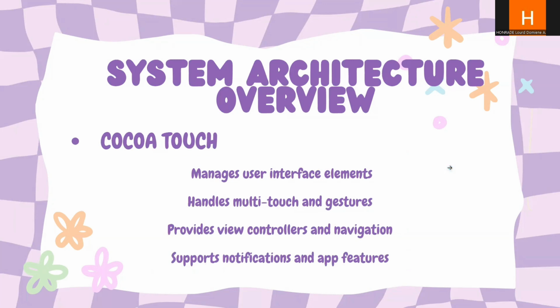It manages the user interface, things like screens, buttons, swipes, and gestures. You can think of it like the steering wheel, pedals, and dashboard of a car. It is how you control everything. It also handles notifications and other features that keep you connected to your apps.